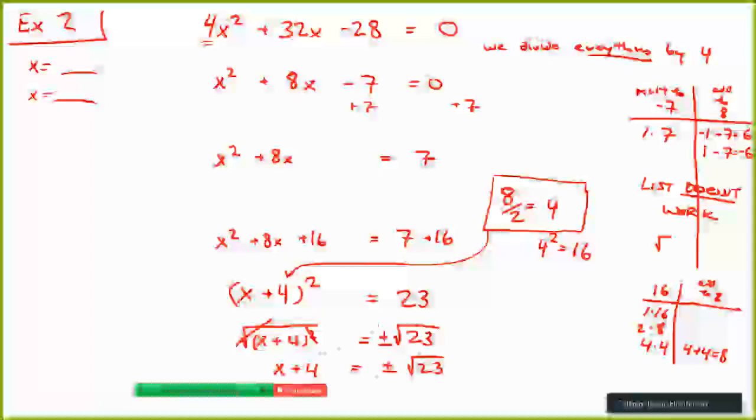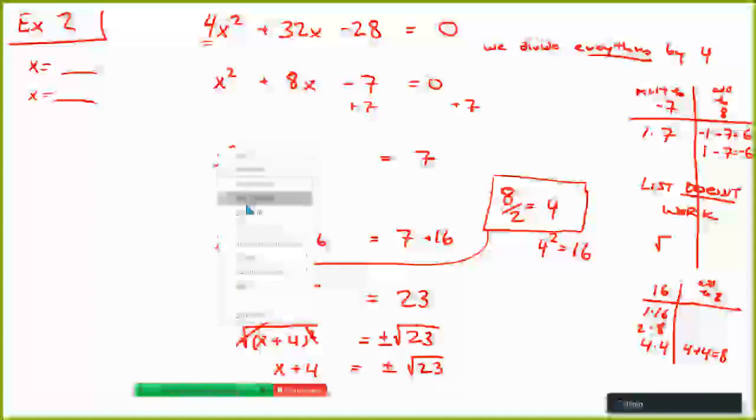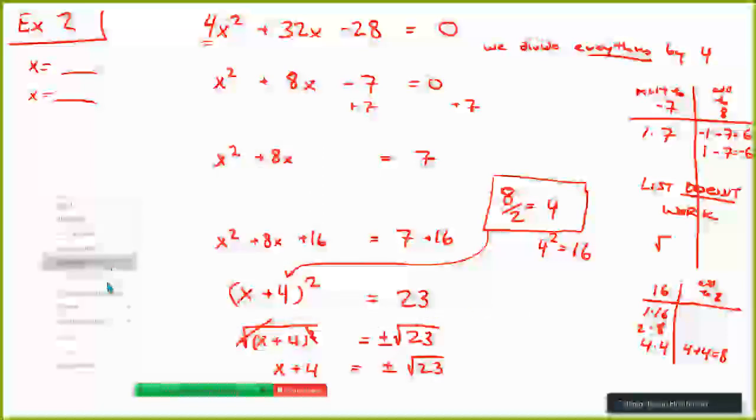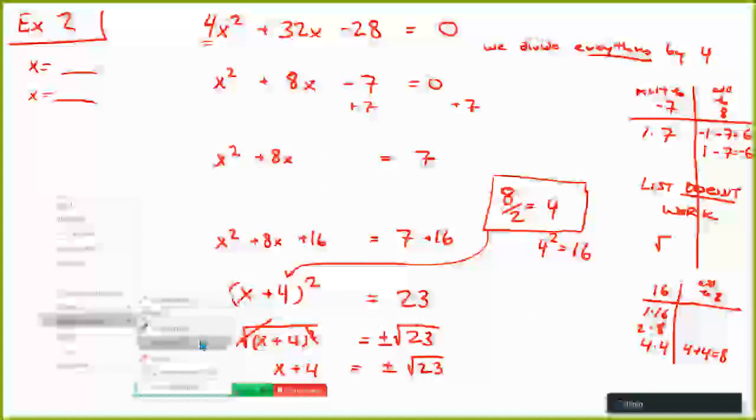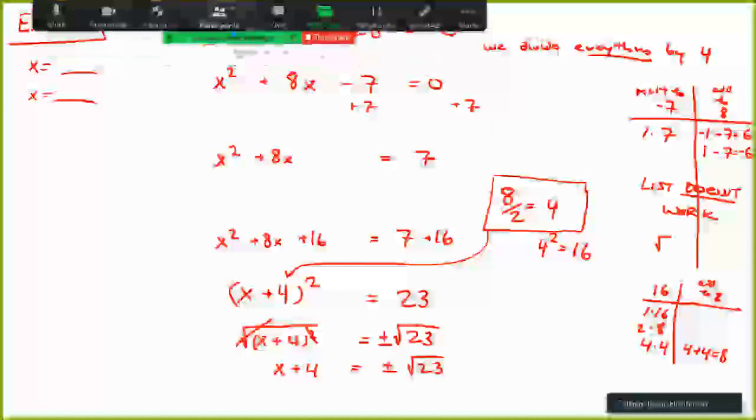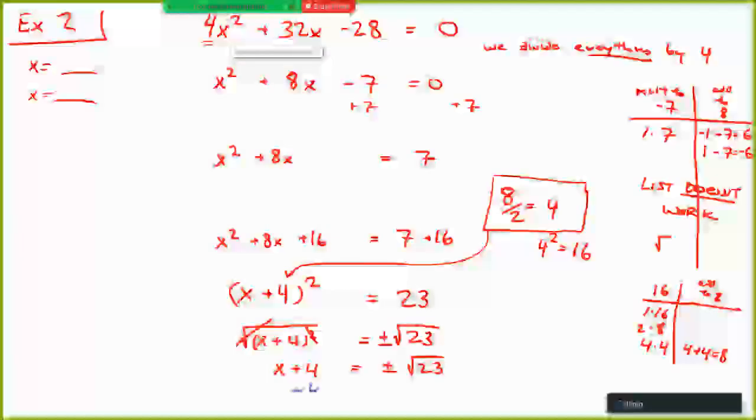And if I move my 4 over to be with that plus minus root 23, this time we have to subtract 4 from both sides. Okay, so we subtract 4 from both sides. Minus 4 and then minus 4.